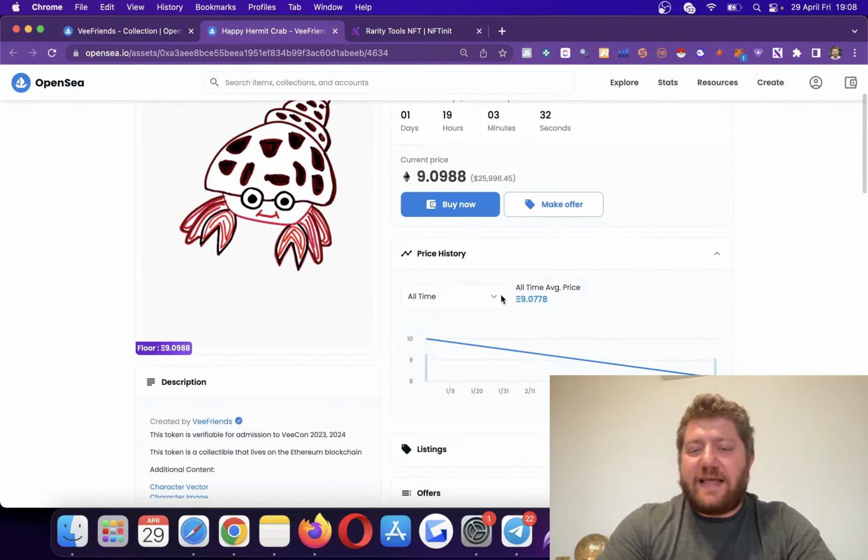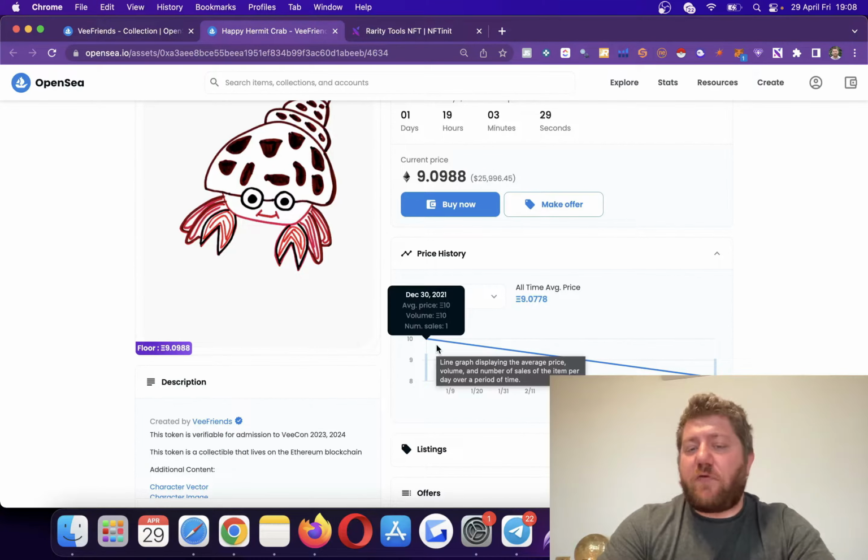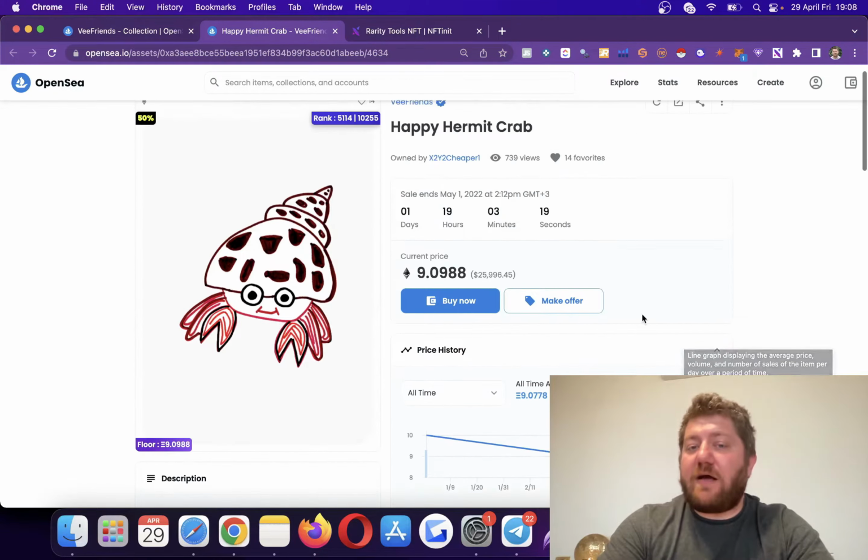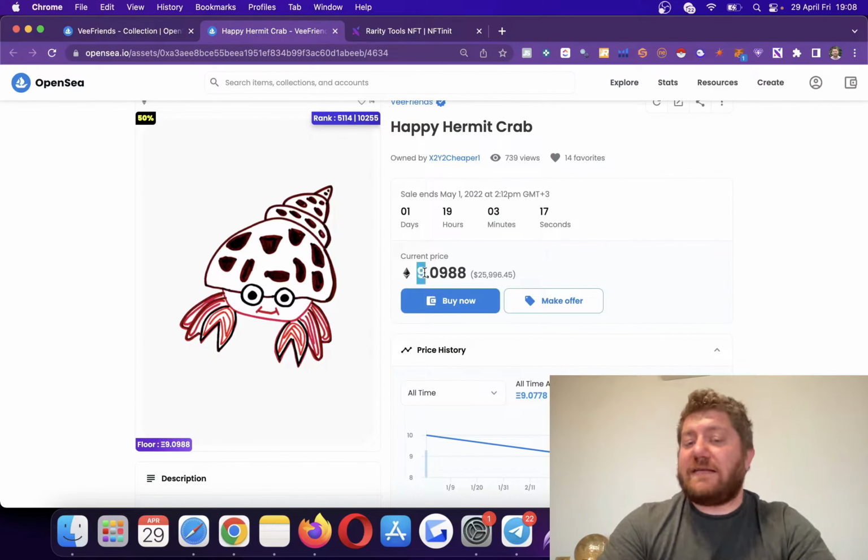So, what we see here is it was purchased for 10 Ethereum, and now it is being sold for, oh no, it got sold for 8.1 Ethereum, and now it is being sold for 9 Ethereum.